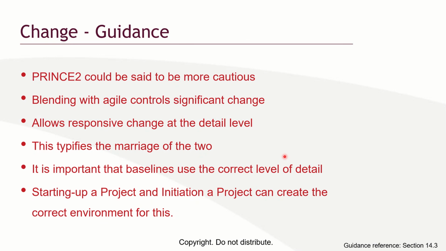Too much detail too early is not good, but equally too little detail at the beginning is also not good. So there should be a blend with Agile controlling significant change. It is important that you use baseline to know your correct level of detail.